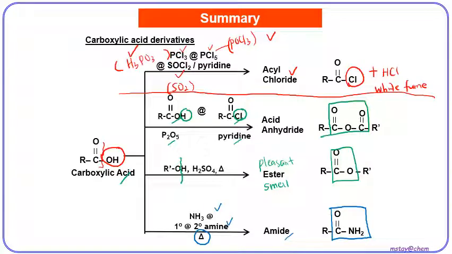So basically, this is the summary for the formation of carboxylic acid derivatives, which include the acyl chloride, acid anhydride, ester, and also amide.